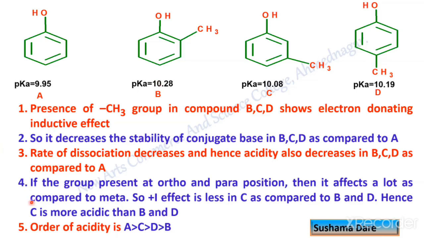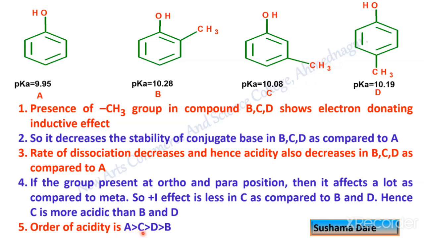So the final order of acidity: A is the strongest acid, the reason being the absence of an electron donating group. Next to that, C is a strong acid; though there is a presence of an electron donating group, this group is present at meta position, and when the group is present at meta position, its effect is less.